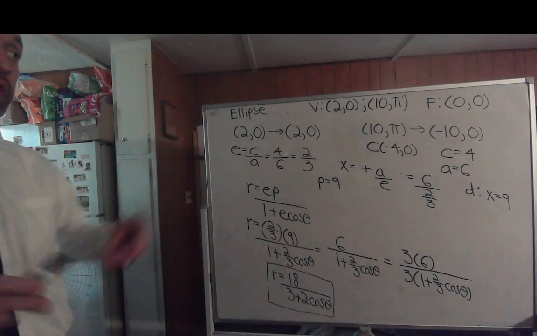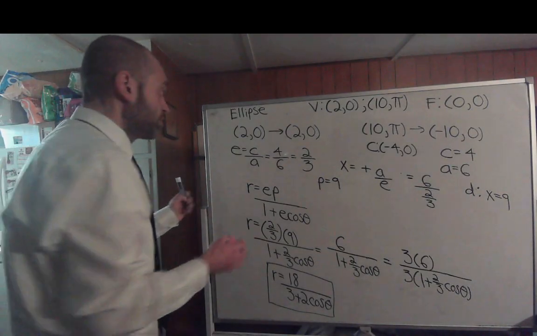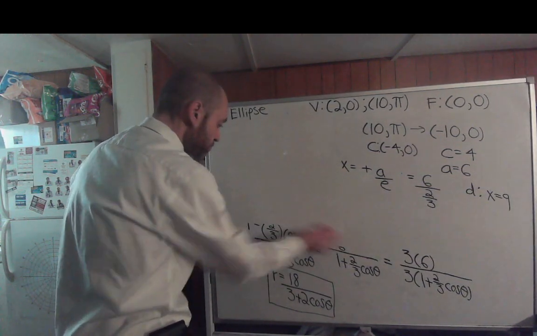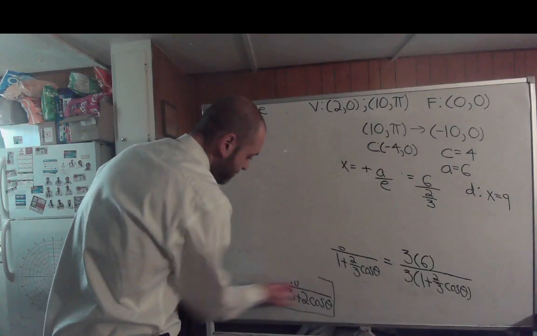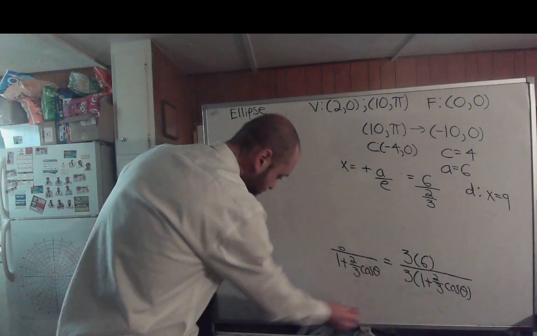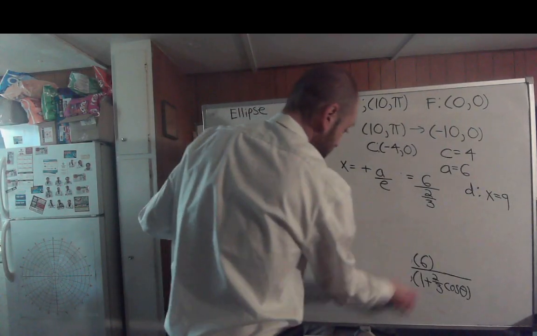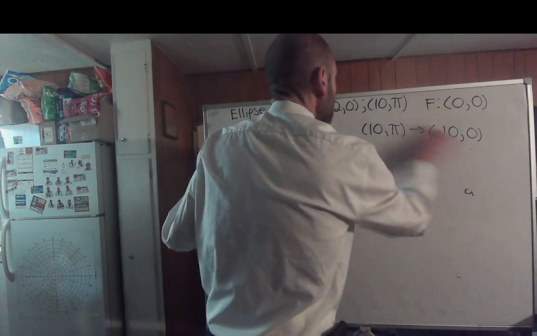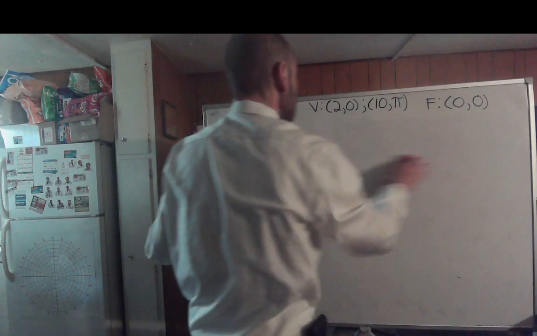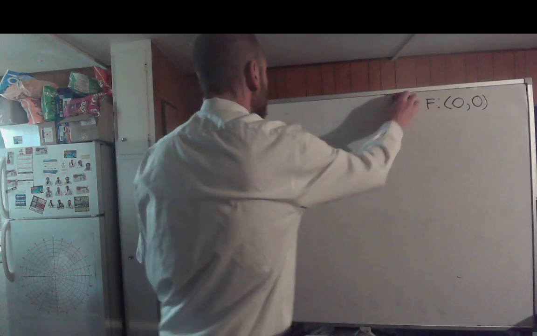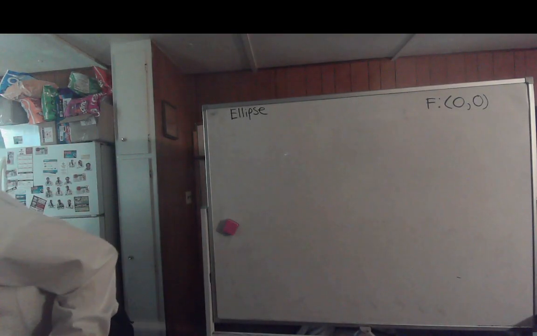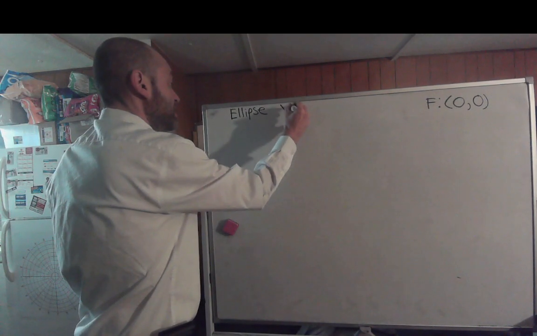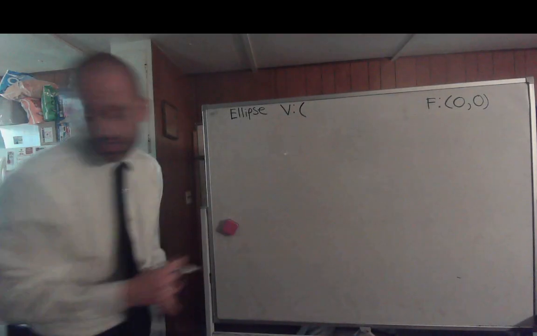Alright, let's go through another ellipse, and then we'll move into a couple of hyperbolas. Alright. Good news is the focus is still at 0, 0. We can still work with that, but we are given vertices this time in different places.